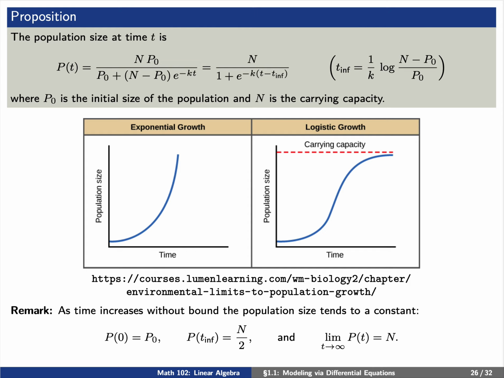Roughly, take your S, the sigmoidal shape, and cut it in half. Everything to the left of the inflection point corresponds to a concave up graph. Everything to the right, that is everything after our inflection point, corresponds to a concave down graph. So our T_inf is right smack in the middle, when we expect P to be halfway to our carrying capacity.